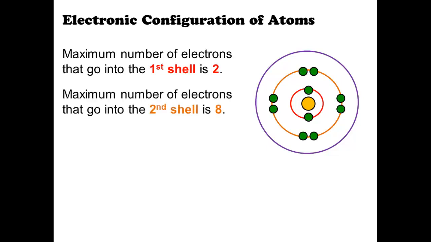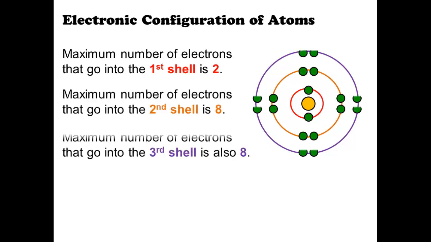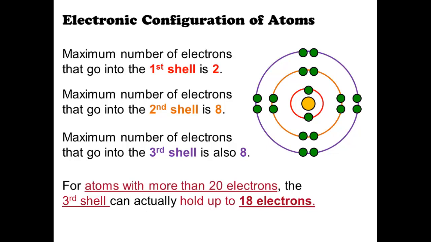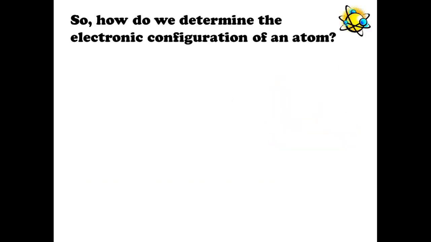The second shell is 8, and the third shell 8 as well. However, note that for atoms with more than 20 electrons, the third shell can actually hold up to a total of 18 electrons. So, how do we go about determining the electronic configuration of an atom?